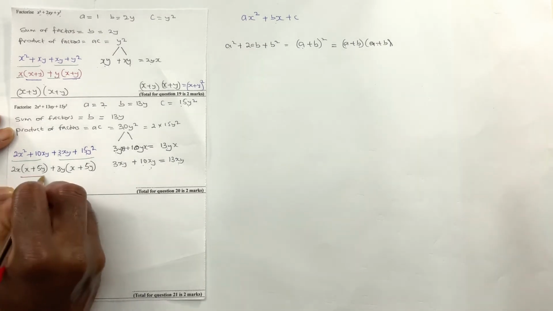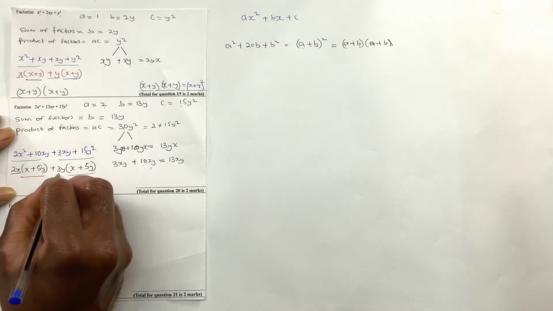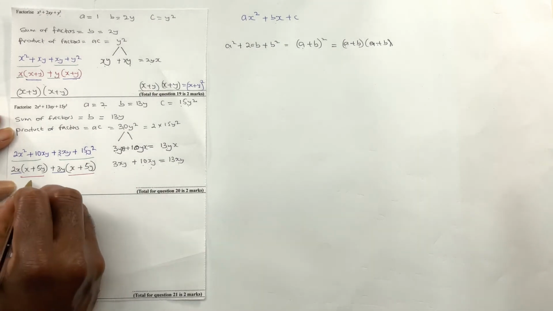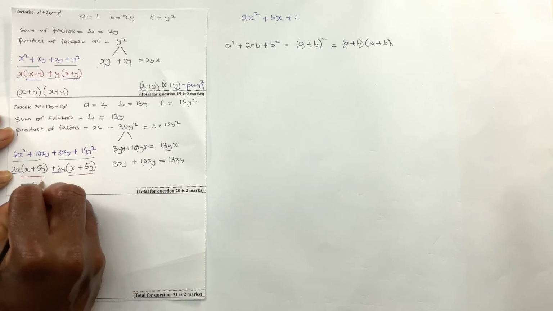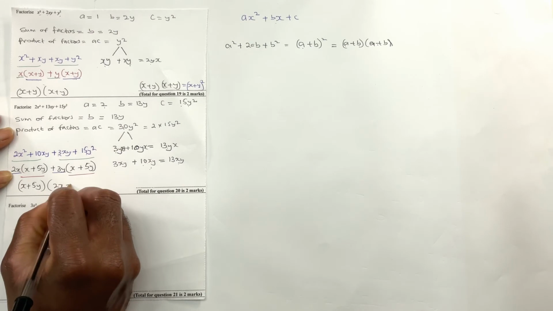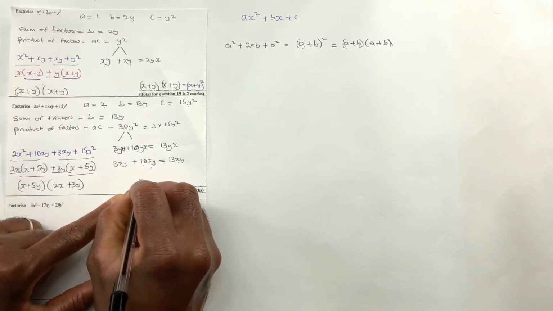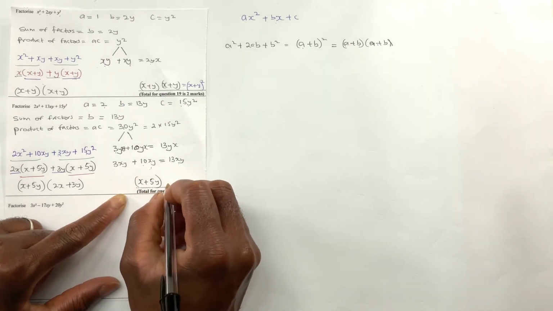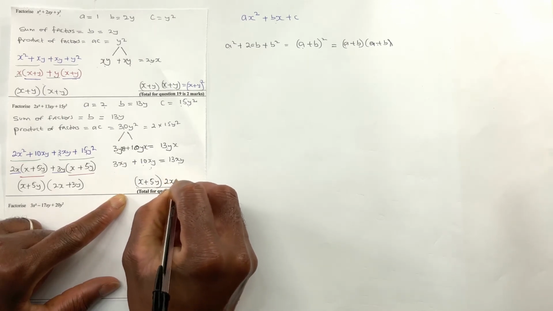Finally, there's another factor here, and I'll be left with 2x plus 3y. So taking the factor out, x plus 5y is common, and I'm left with 2x plus 3y. So the factors are x plus 5y and 2x plus 3y.